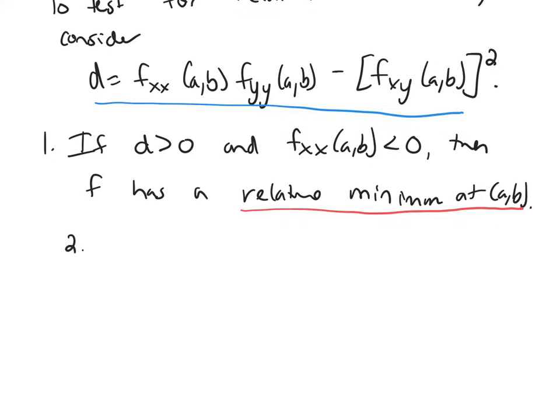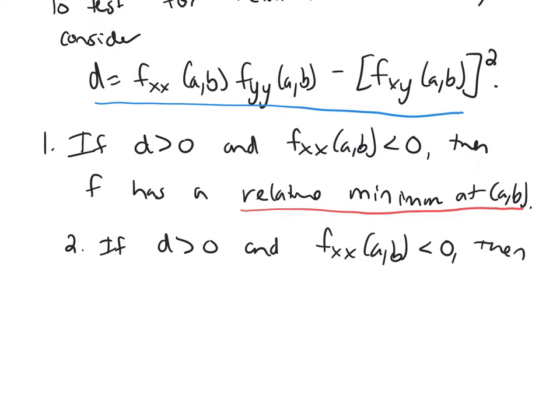If D is bigger than 0 and fxx is less than 0, then f has a relative maximum at the point (a, b).